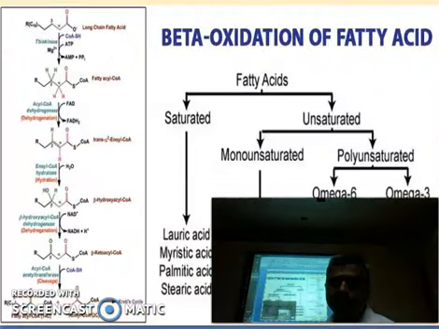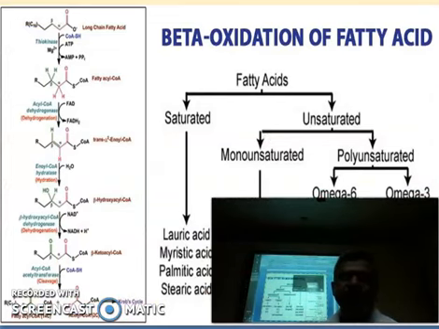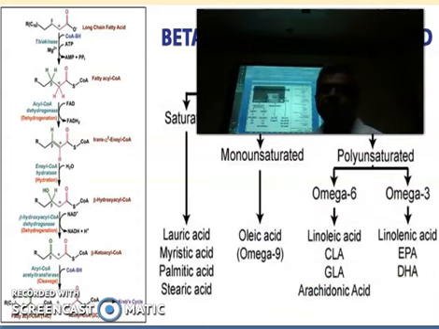Finally, this is the beta oxidation pathway through which fatty acids are converted, classified into unsaturated and saturated. Unsaturated are polyunsaturated omega 6 and omega 3: omega 6 includes linoleic acid and gamma linolenic acid, and alpha linolenic acid is the precursor for EPA and DHA, which is called omega 3.